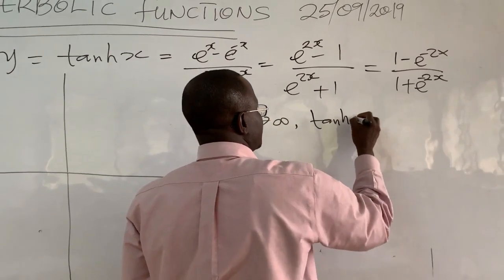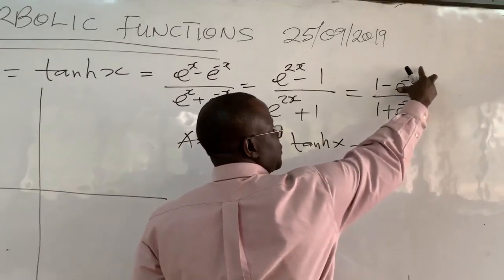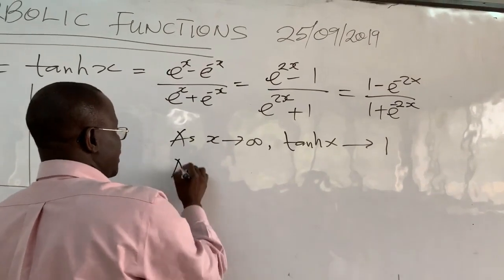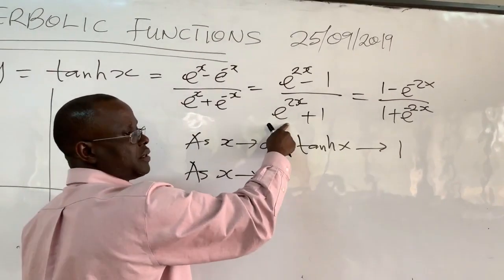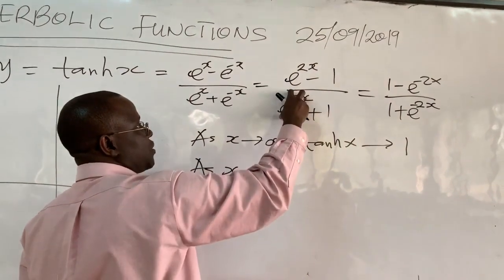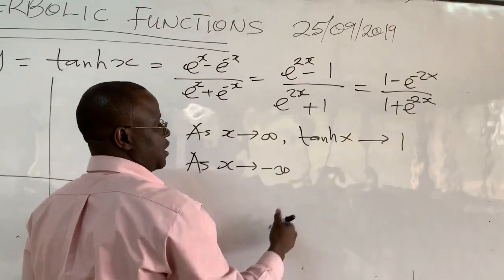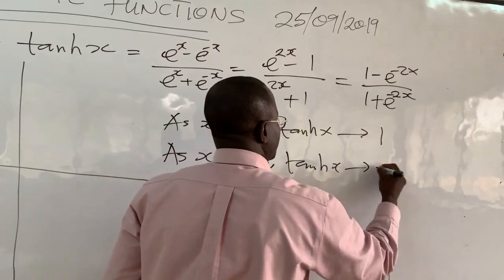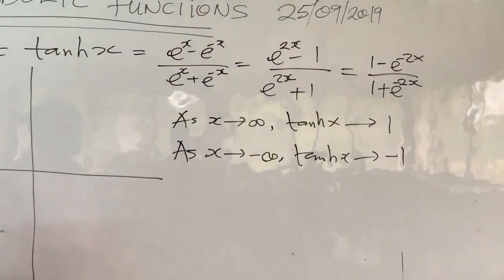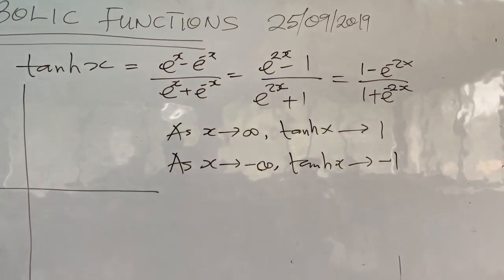So tanh x will approach 1 because this goes to 0 and that goes to 0. And as x goes to negative infinity, now we can use this. This goes to 0, that goes to 0, so you have negative 1 over 1, which is negative 1. So tanh x approaches negative 1 as x goes to minus infinity.